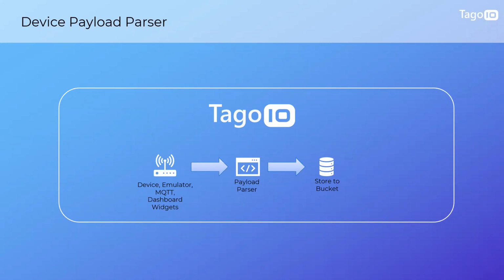I'll show you later. After the payload parser normalizes this data or decodes the structure, it will be stored to the buckets. That means if you want to just send a string or something to your device, you can use the payload parser to completely change what will be stored on Tago.